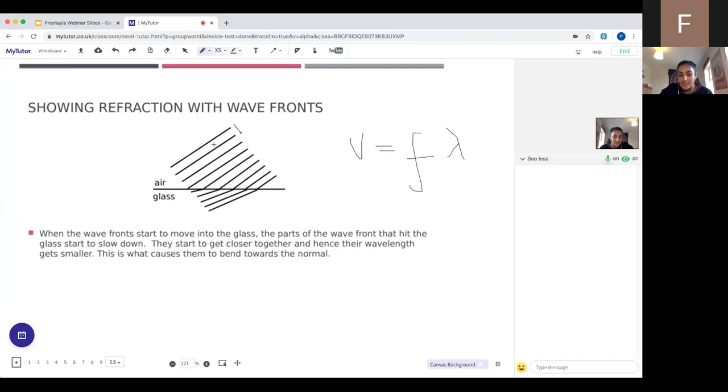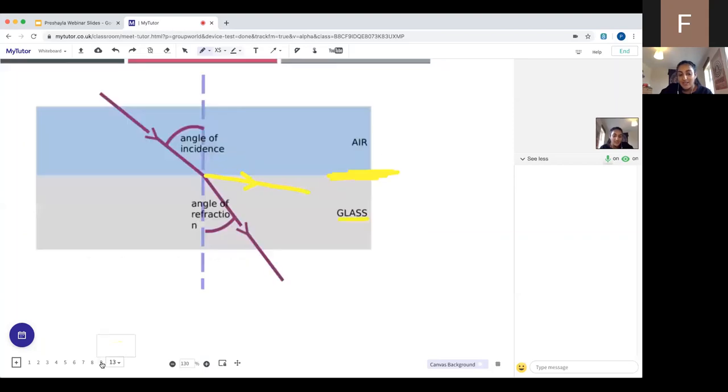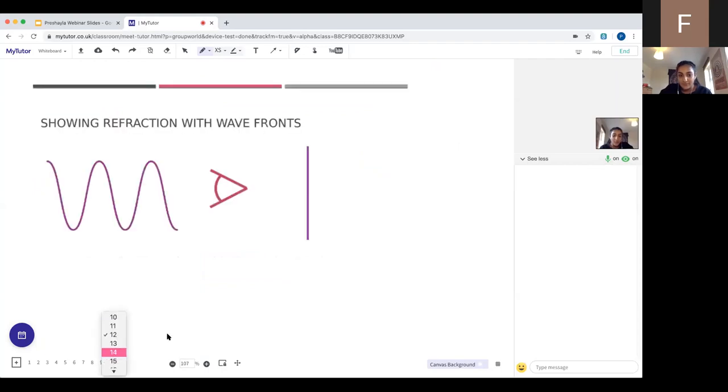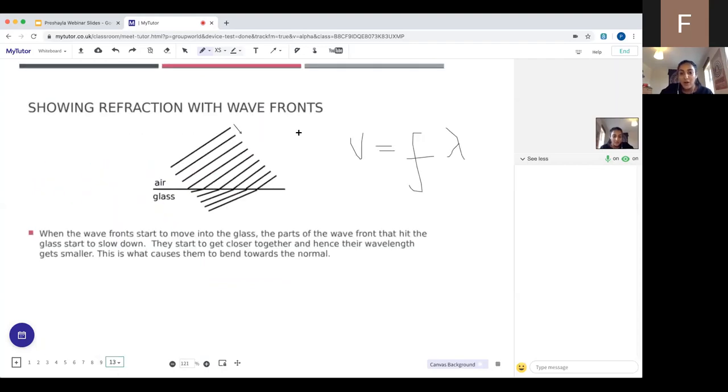It's still showing the exact same thing as we had in this diagram, but in a very different way by using wave fronts. Try, after the webinar, to recreate this diagram for yourself. Draw some parallel lines, and then as soon as those lines start to hit the boundary, start drawing them refracted.